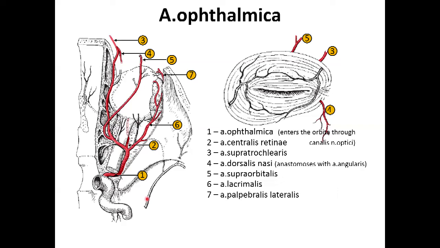It's Arteria palpebralis lateralis, which is the branch of Arteria lacrimalis. So it is branching inside of the orbit, but we can find it on the face. Number 7 is Arteria palpebralis lateralis. So the lateral angle of the eye is supplied by this vessel.